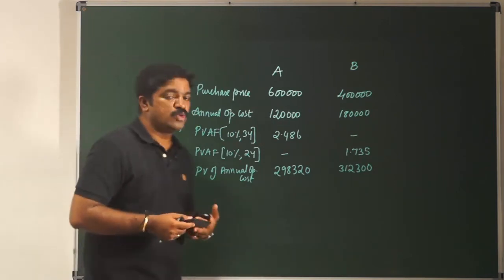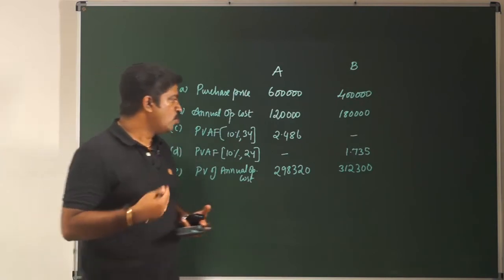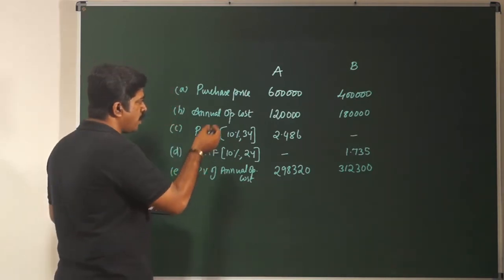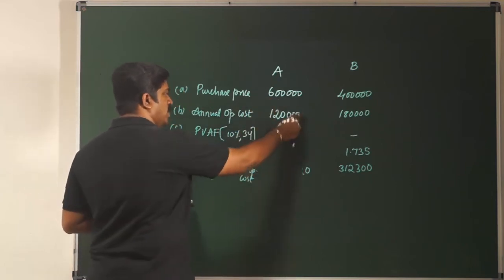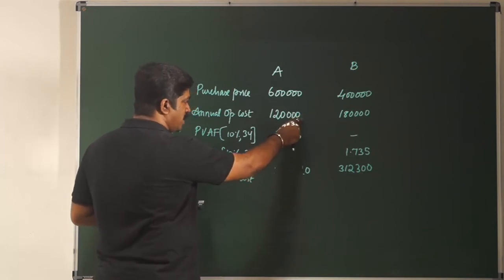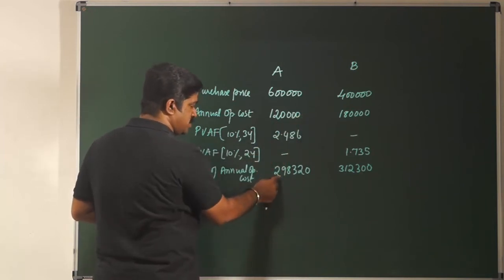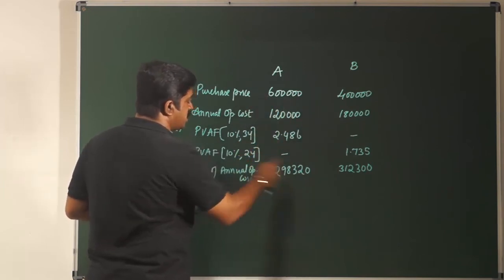Now you have to take a decision. Which mission should be selected? So what comes to your mind is, you have spent 600,000 now and you have spent 120,000 over a period of 3 years, but it is not correct to take that 360. So we have derived the present value. So 600,000 plus 298,320.